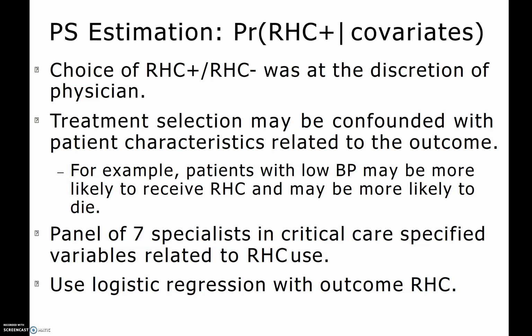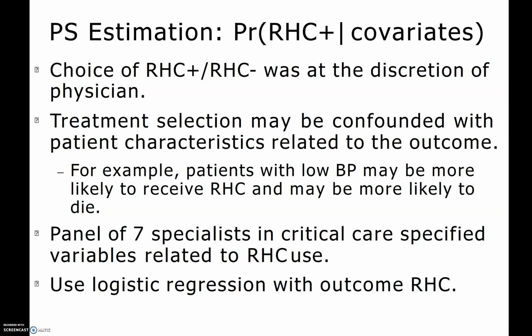Okay, so for the estimation of the propensity score, we would be estimating the probability of having that right heart catheterization given that set of covariates. The choice for the catheterization was at the discretion of the physician, and treatment selection could be confounded with certain characteristics.